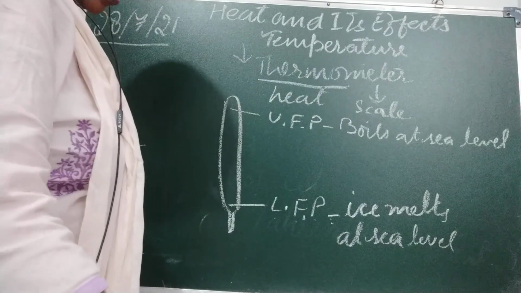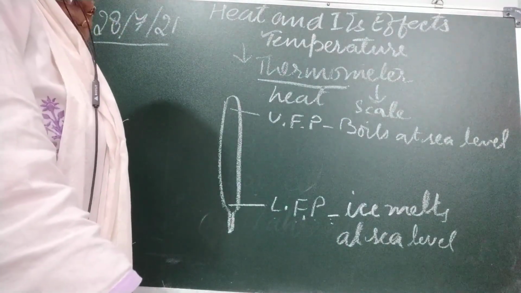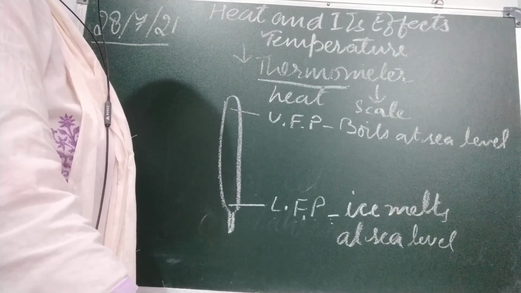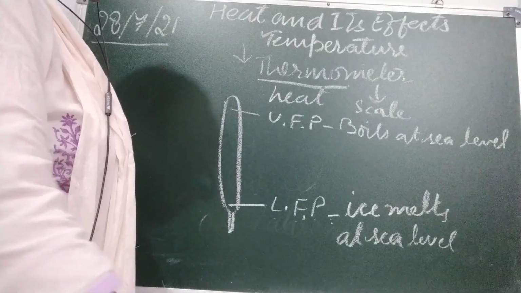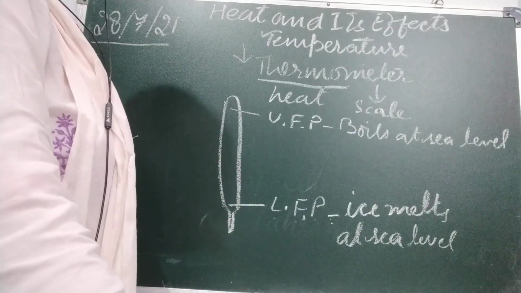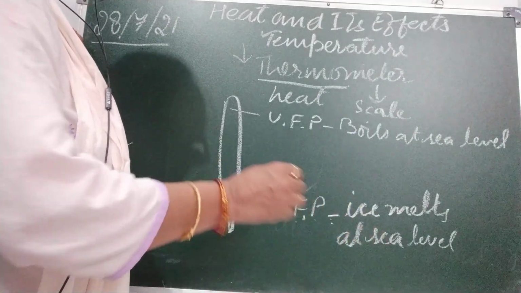The three scales used for measurement of temperature, as I told you, are the degree Celsius, Fahrenheit and Kelvin scales. The Celsius scale is named after the Swedish scientist Anders Celsius.